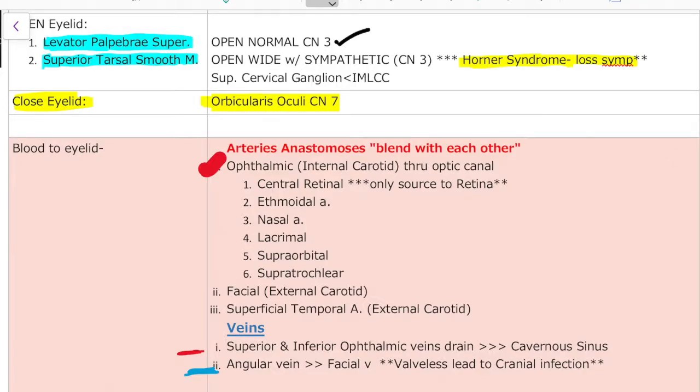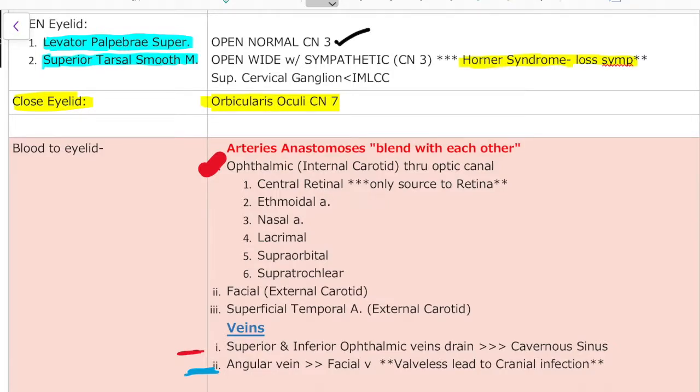There are about 6 branches from the ophthalmic artery. We have the central retinal artery, which is the only blood source to the retina, with the ethmoidal, nasal, lacrimal, supraorbital, and supratrochlear arteries. Veins in the eye, just like in the face, are valveless.